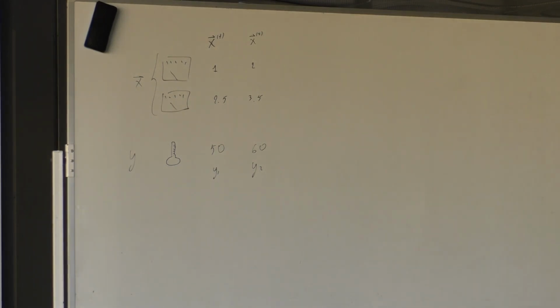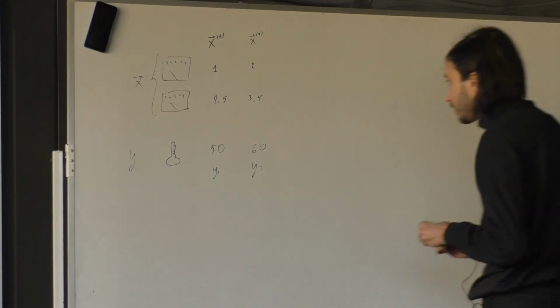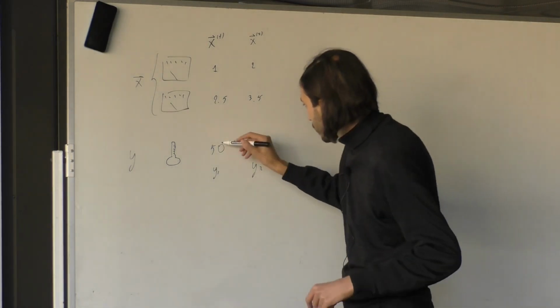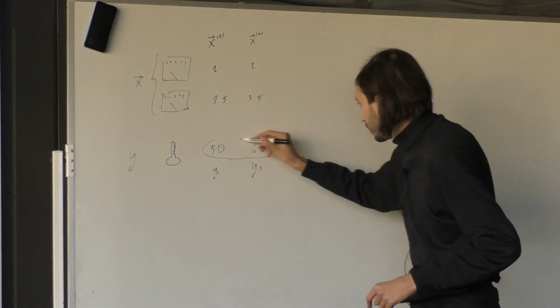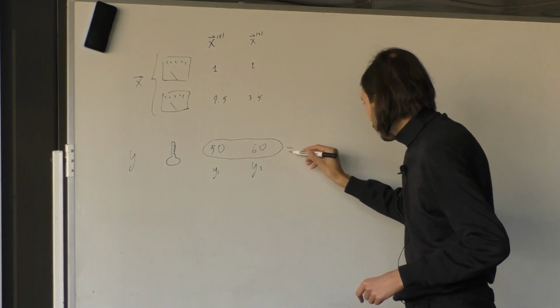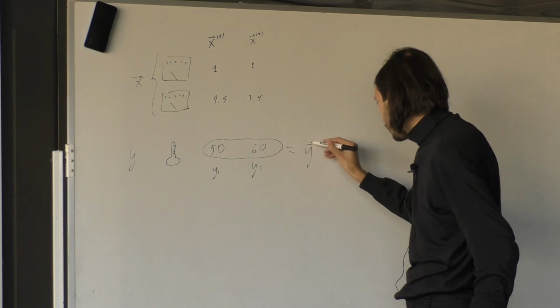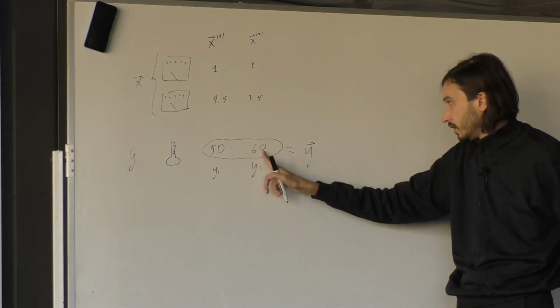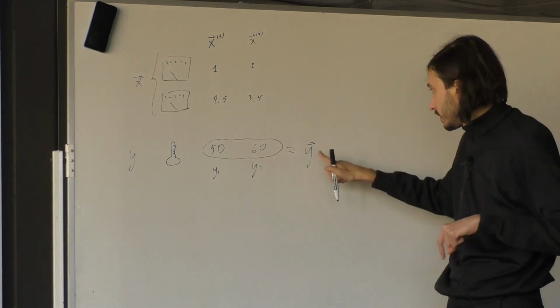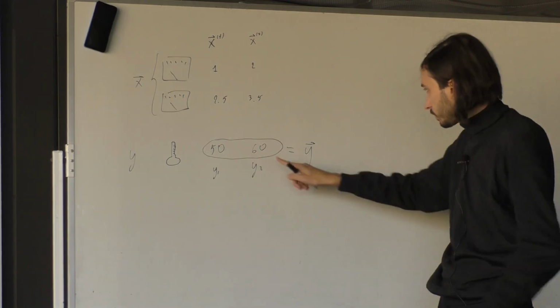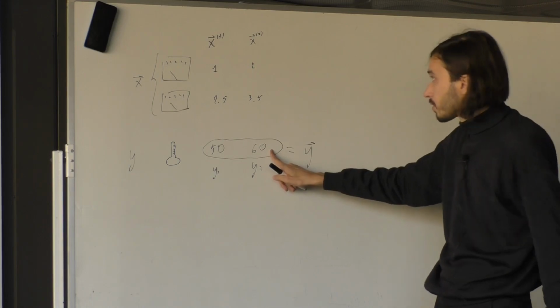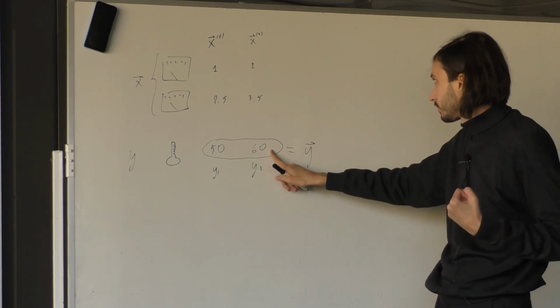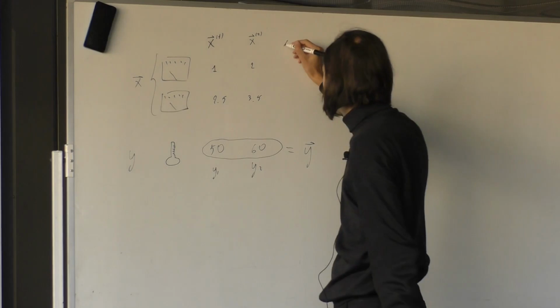Now, when I'm collecting everything into a data set, I will collect these numbers this way, and I will make a y vector from here. The number of components in the y vector will be equal to the number of measurements I have performed. Let me write one more to make a different number.